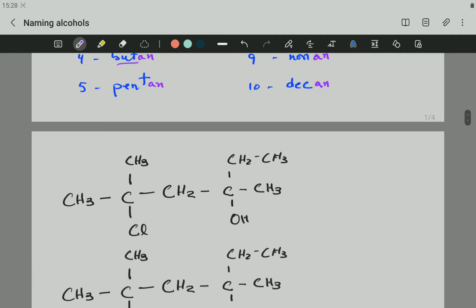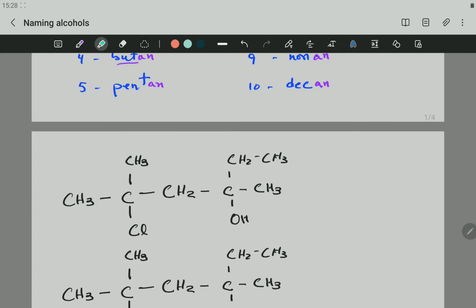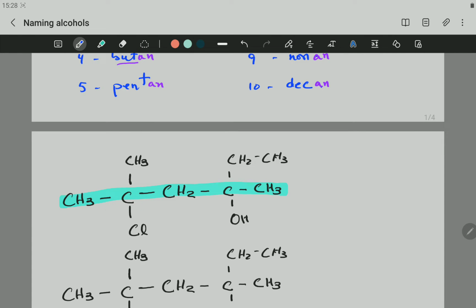Okay, so let's go to this step. This step is to determine the longest continuous carbon chain. Let's see the possible options that we have. We can go straight. Remember, the functional group must be part of that. Here we have 1, 2, 3, 4, 5 carbons. 5 carbons.